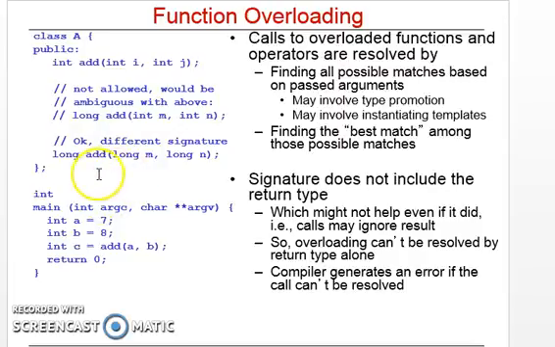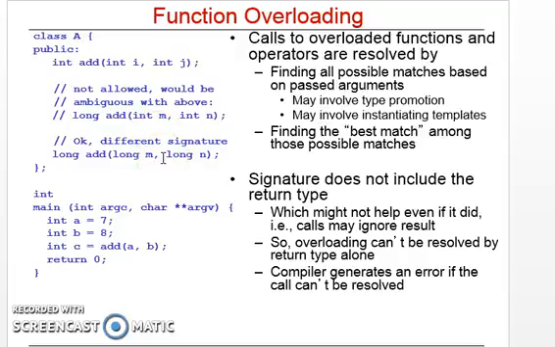It would be ambiguous with the above if I have long add with int m and int n. If you compare these two, int add int i int j as well as long add int m int n, the difference is only in the return type, and this becomes ambiguous. It is not function overloading. Whereas we have long m and long n, and int i and int j, here add is the same name we are using, so this is function overloading.